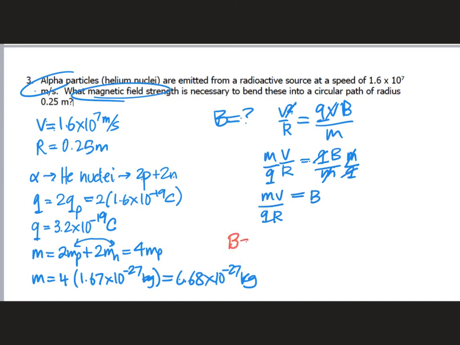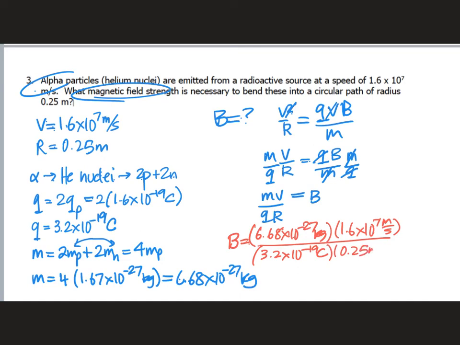Magnetic field is equal to mass. We said that was 6.68 times 10 to the negative 27th kilograms, times the velocity, which was 1.6 times 10 to the 7th meters per second, divided by Q, which was 3.2 times 10 to the negative 19th coulombs, times the radius, 0.25 meters.